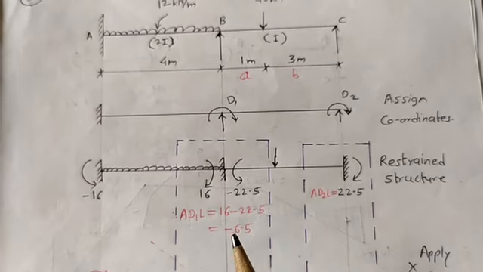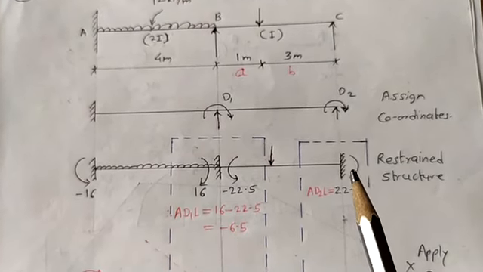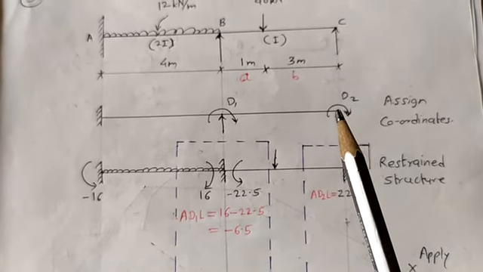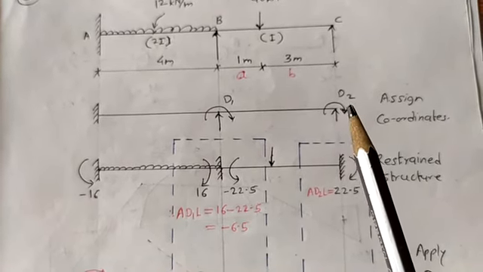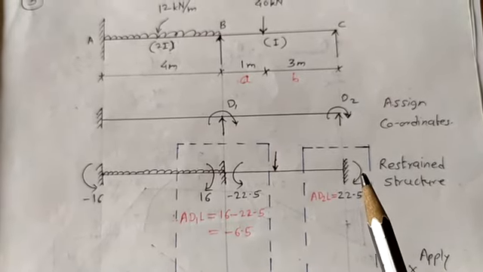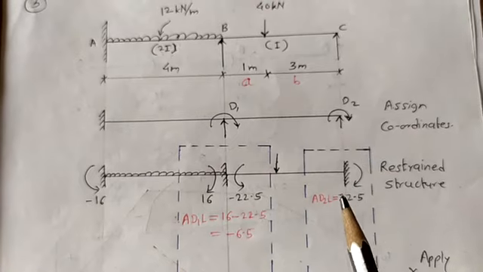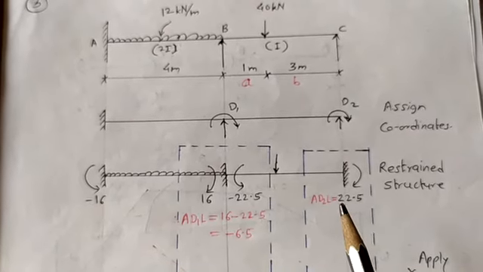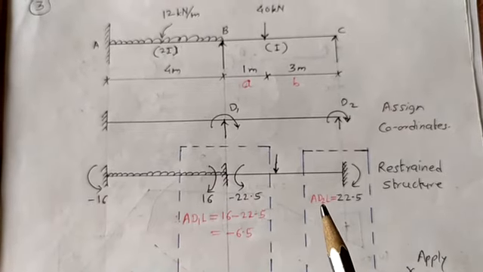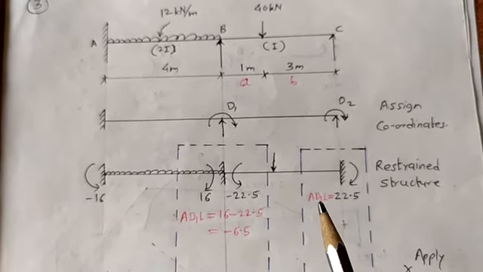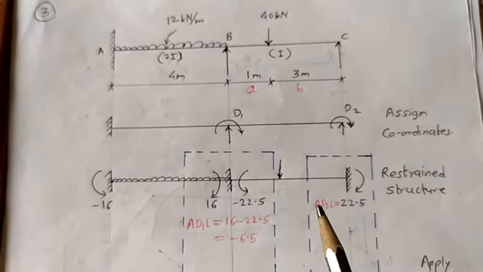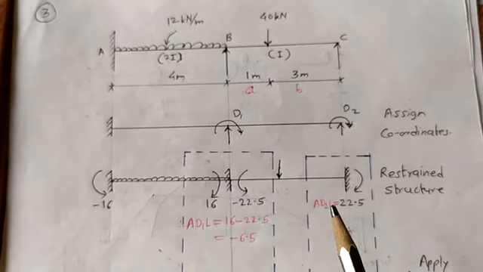Next, at joint C, the unknown D2 is applied clockwise, and this moment is also clockwise, that means AD2L must be positive. D stands for direction, 2 stands for the second position, moment or action in the direction of 2 due to loading.